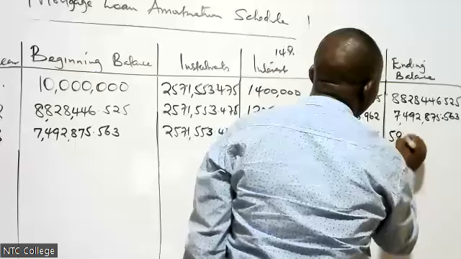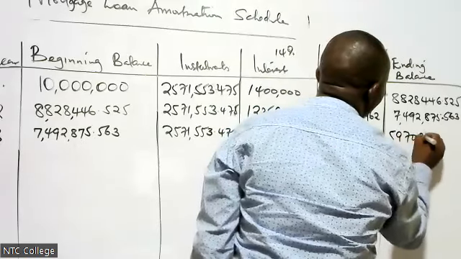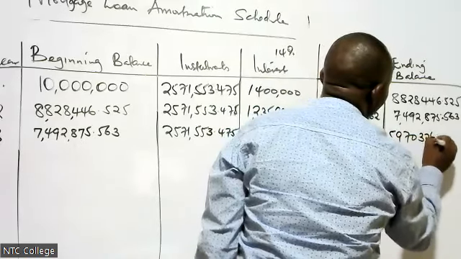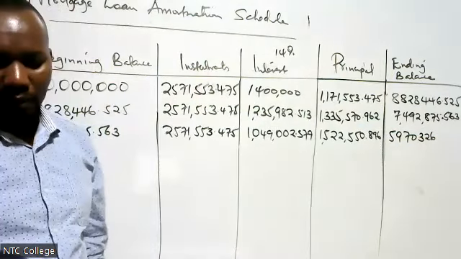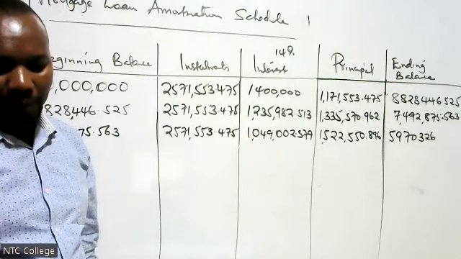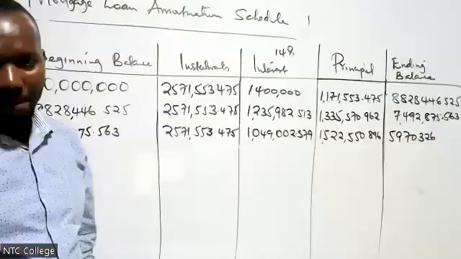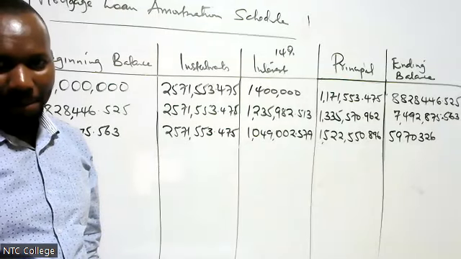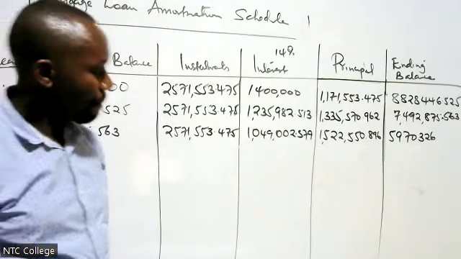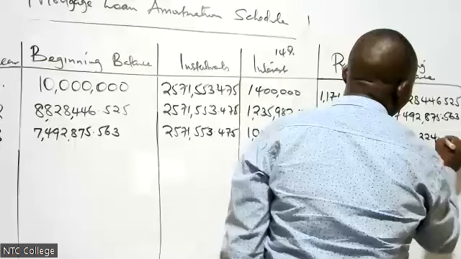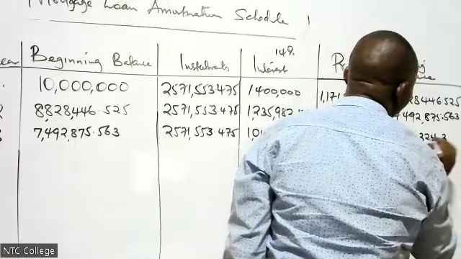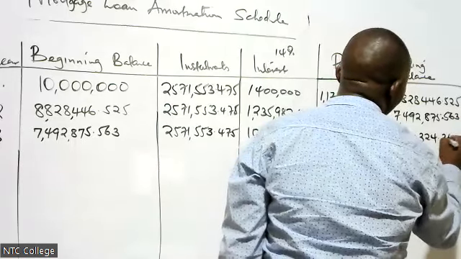Okay, 5,970,326. Point. So those decimal points someone can give out. 5,970,324.668. 324.368.